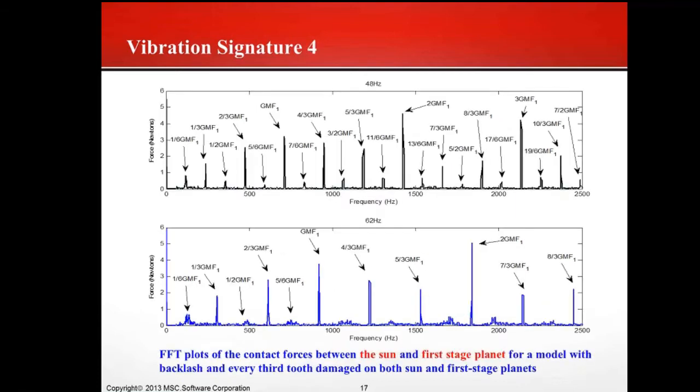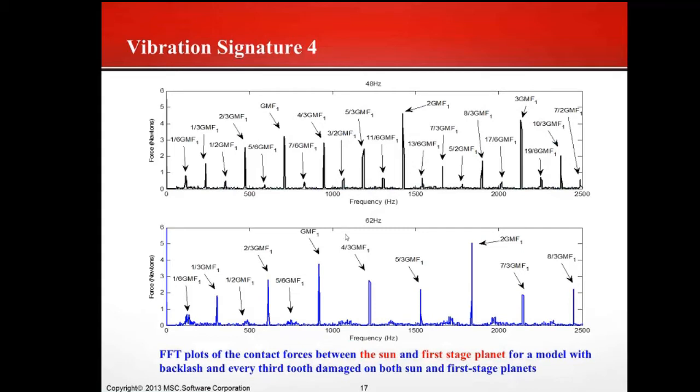Now this one shows when we damage the sun. If the sun has a defect, of course, it will eventually damage the planets, so 11 teeth of the planets will eventually be damaged.